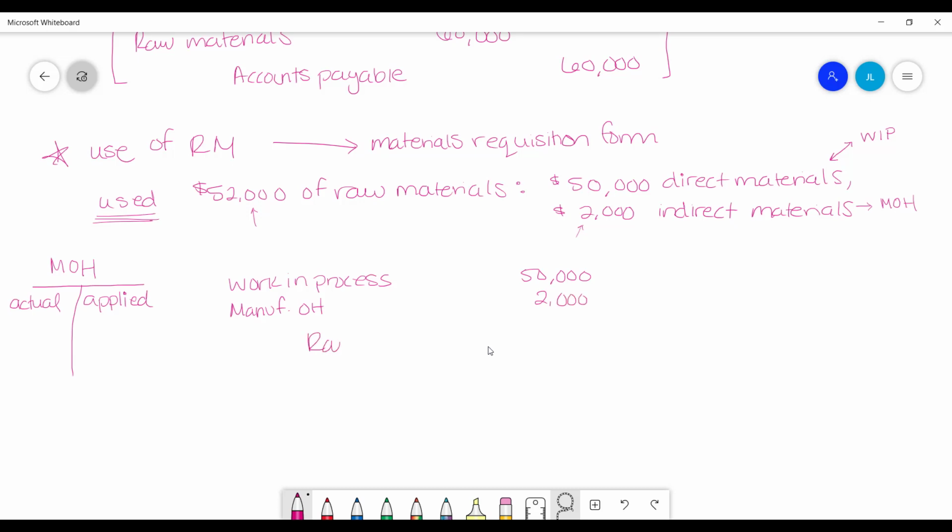And then we're going to credit raw materials for the full $52,000 because you're using $52,000 of raw materials, so it has to move out of that account and into these two corresponding accounts, $50,000 of it being direct and $2,000 of it being indirect materials. And these aren't estimates, they actually know, okay, that's actually how much materials we used, and this is the amount of it that's direct and this amount of it's indirect. So this $2,000 indirect materials amount is a known figure. This isn't an estimate. That's why we debit manufacturing overhead to refer to an actual overhead amount in that situation.